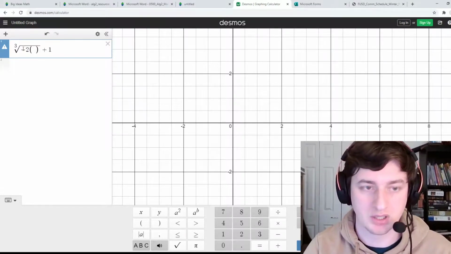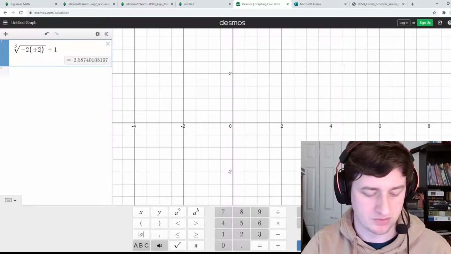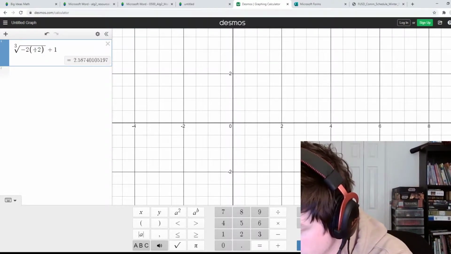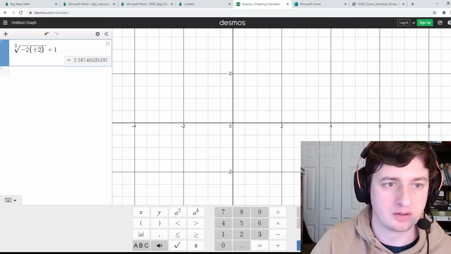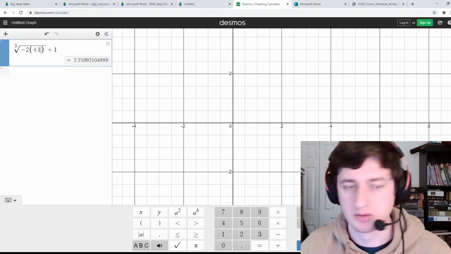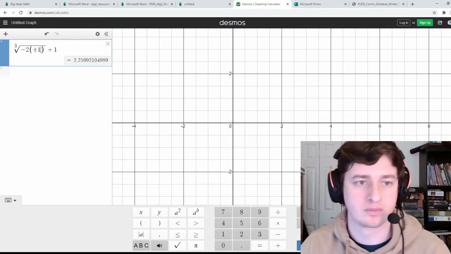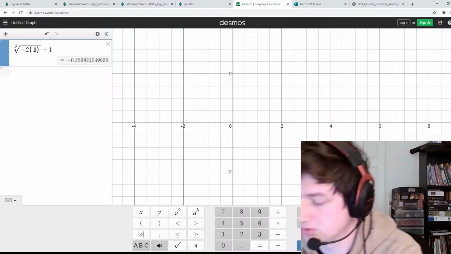So -2, whoops, -2. My number there is going to be 2.58. And then -1 is 2.25. I might be going a little quickly, but I'm going to put these numbers in the table and show you the table, so it should be fine.